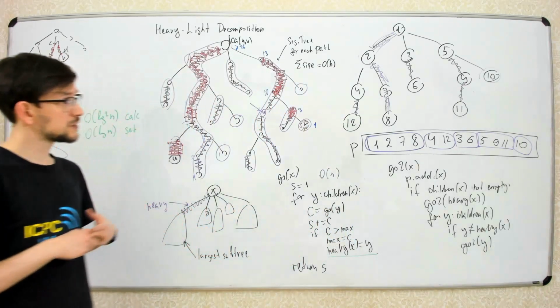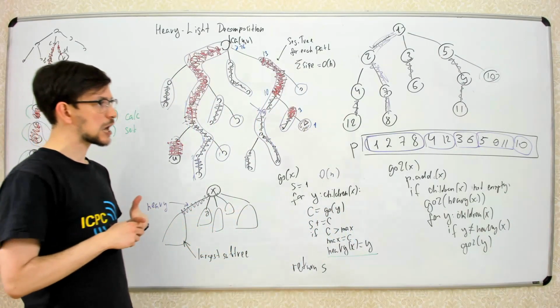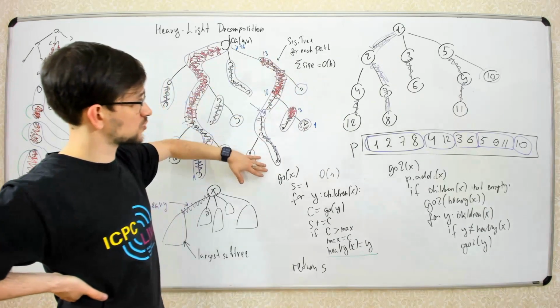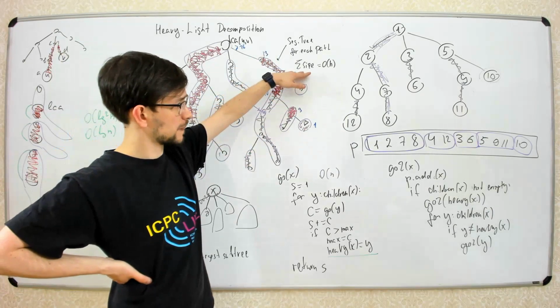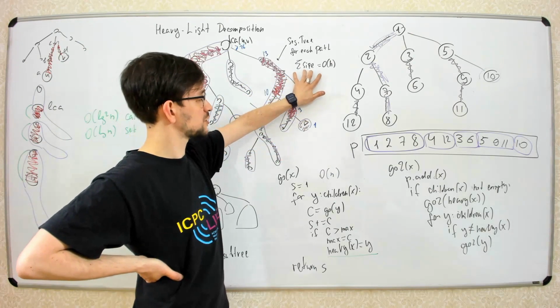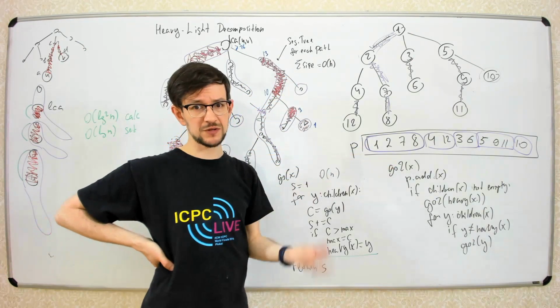Don't waste time. Actually, we don't lose anything. The total size of all these small segment trees is also linear. The total number of nodes in these small trees and in this one big tree will be the same.